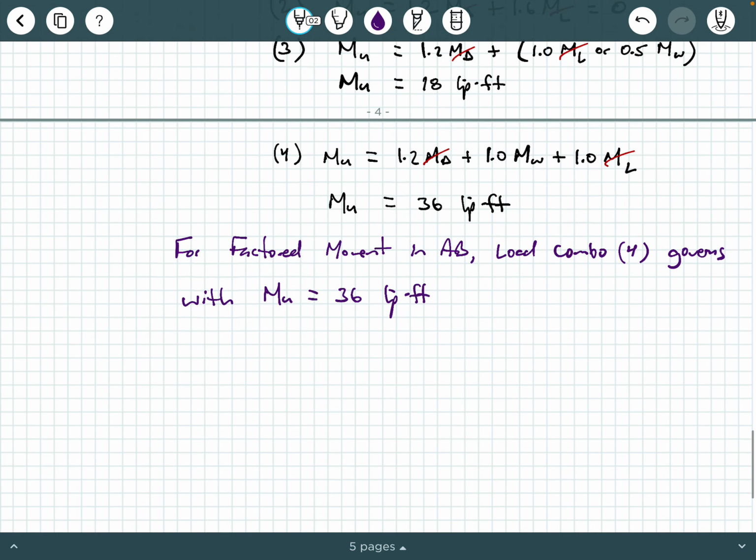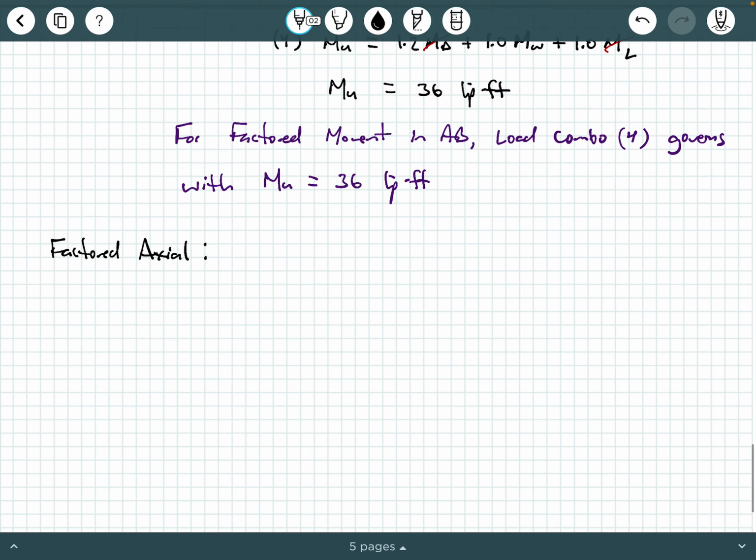And then finally, we're going to say factored axial force. And again, we're going to follow the same process. We're going to look at load combo 1. We have A sub U equals 1.4 A dead. So what was the axial force in member AB due to the dead load alone? That's 1.4 times 5 kips.